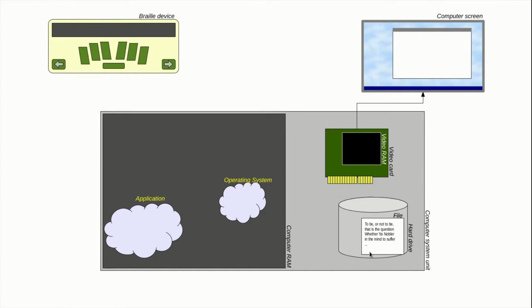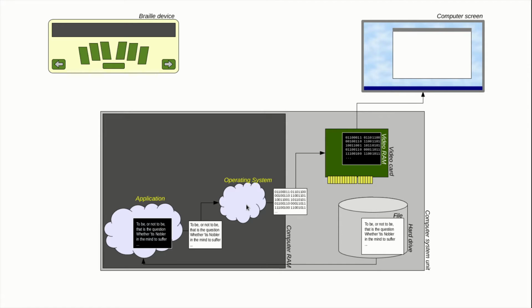When we open it in the application, its content is loaded into the memory in the area of our application. The application creates the layout and sends it to the operating system. Then the operating system will calculate the image to display on the screen and send to the video card a table of numbers representing the colors of each pixel of the screen. And finally, the video signal is produced and our text appears on the screen.